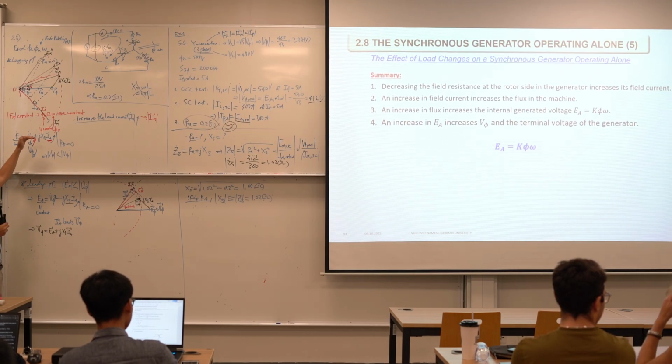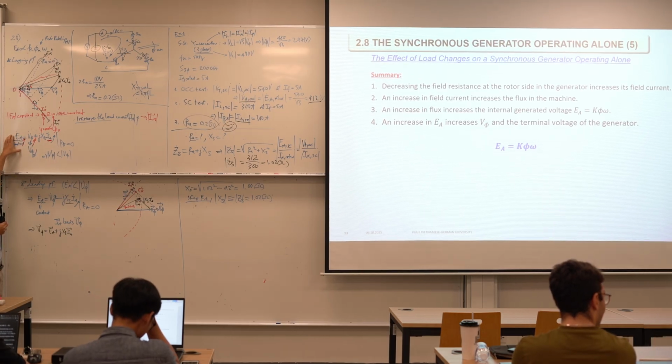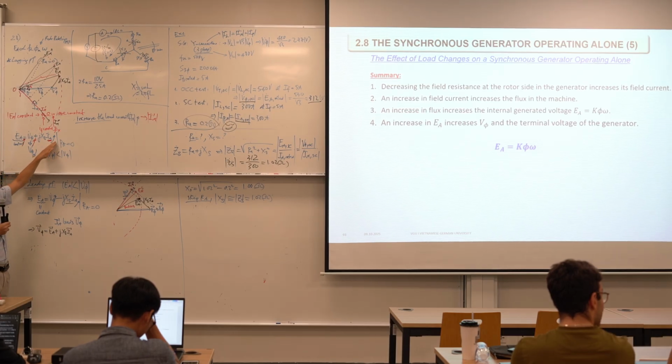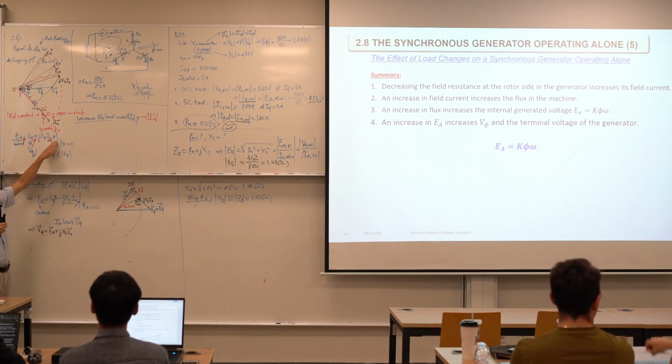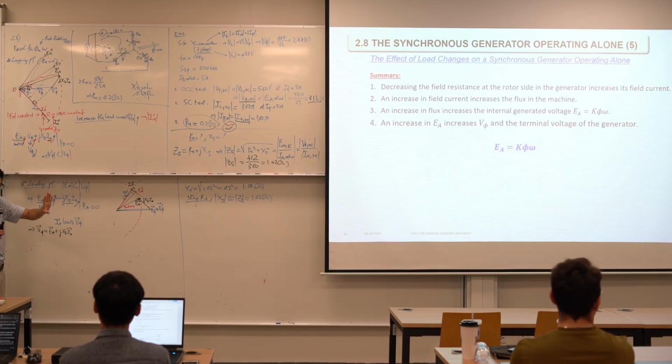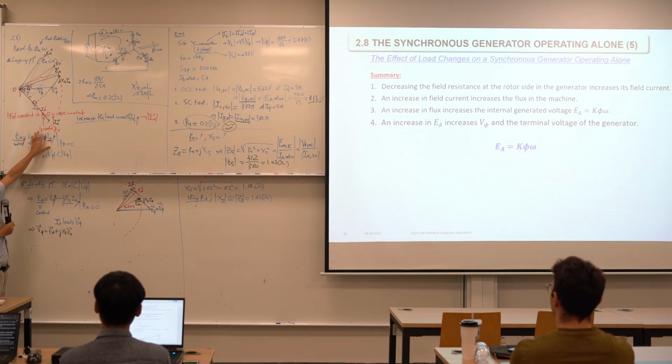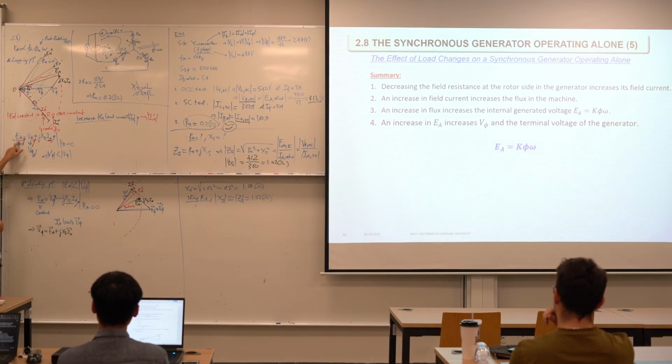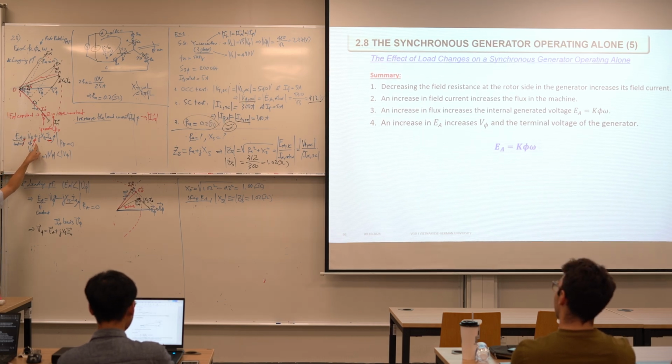The first way, we consider EA to be constant, and then we increase load current. The other way, we keep IA constant. We increase EA by increasing phi m, and V phase increases.